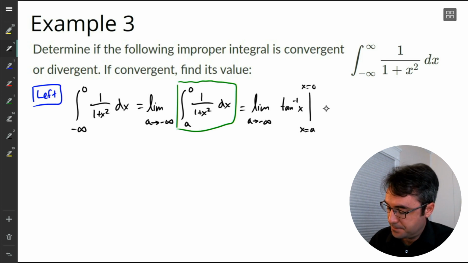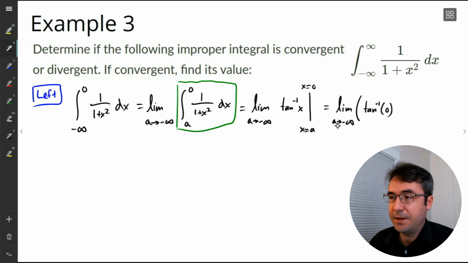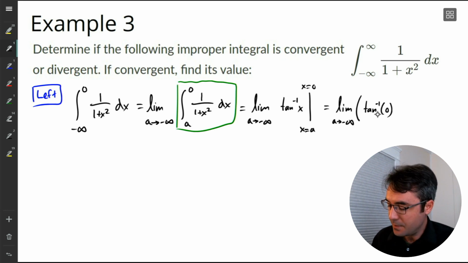We plug in. So top number goes in first, so we're going to plug 0 in first. And don't forget the whole part of the limit there. We need to know what is approaching what. Top number goes in first, we get inverse tan of 0. Plug the lower limit in, we get inverse tan of a.